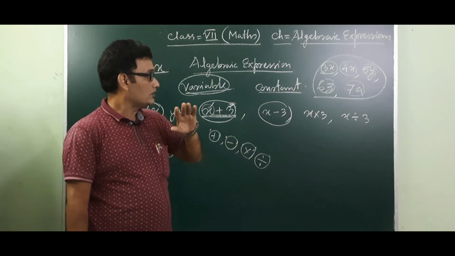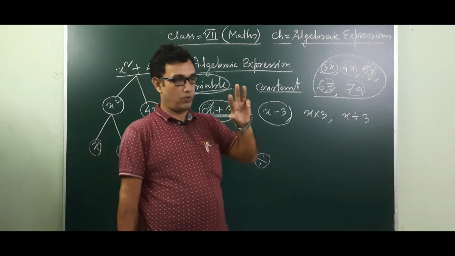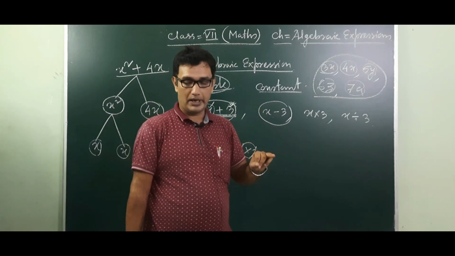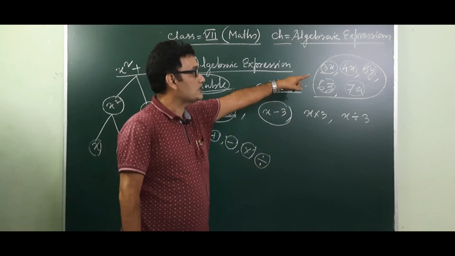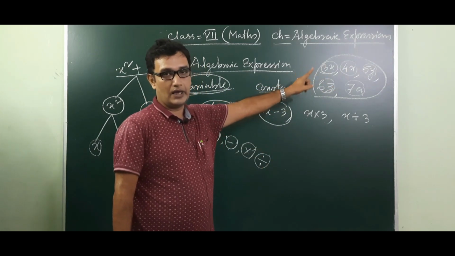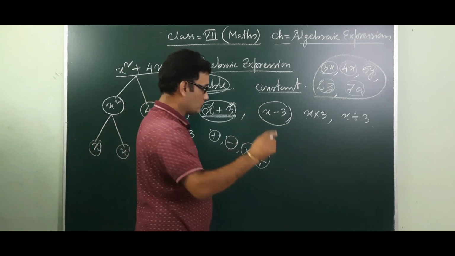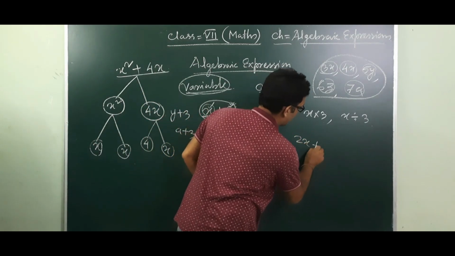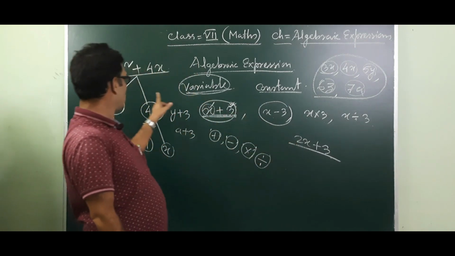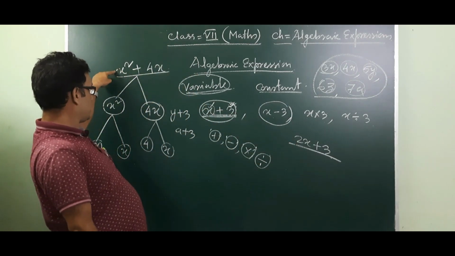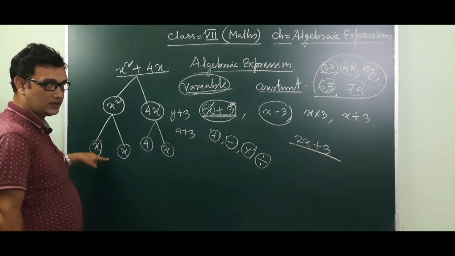I am just discussing the types of algebraic expression. Generally we use monomial, binomial, trinomial and polynomial. If there is a single term, it is called monomial. Now suppose 2x plus 3. How many terms are there? First the expression, then terms, then factors.